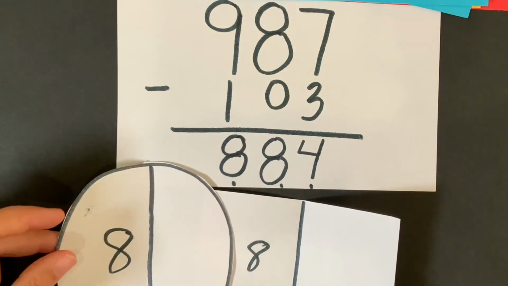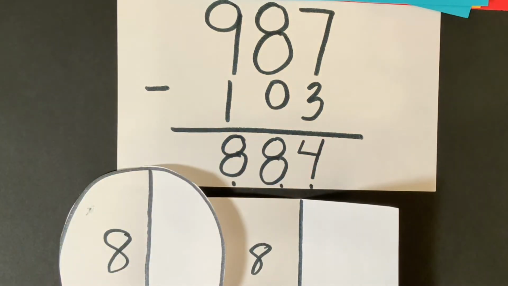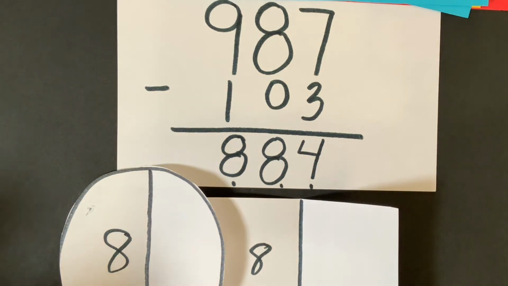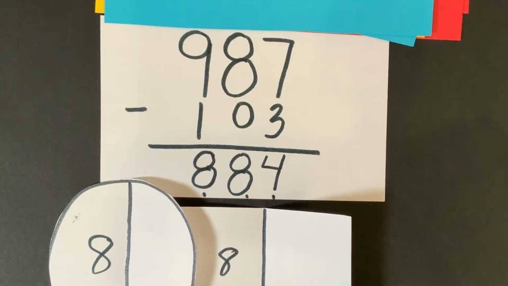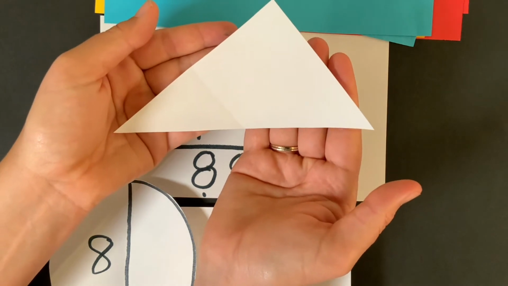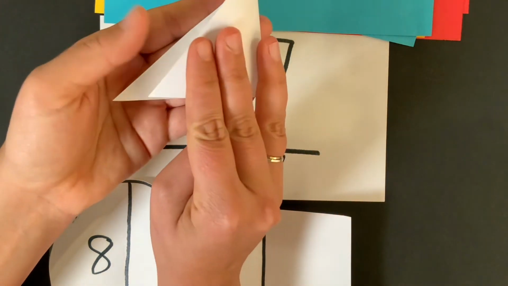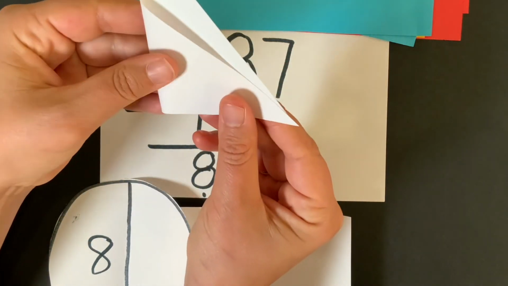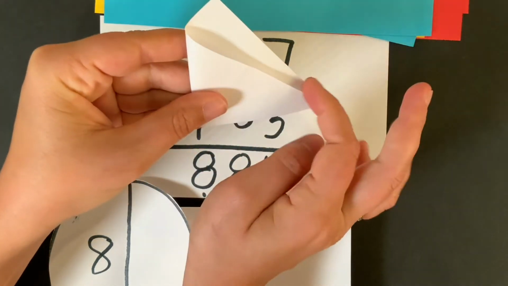The last number is in our ones place, and we are going to use an asymmetrical shape. It will not fold and cover the other half. If we try to fold it in half this way, it is slightly off.